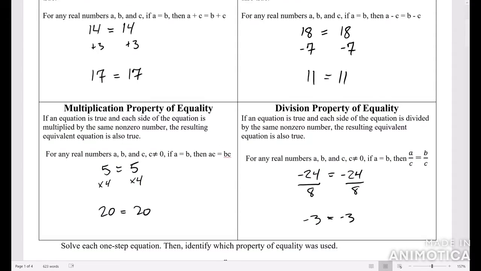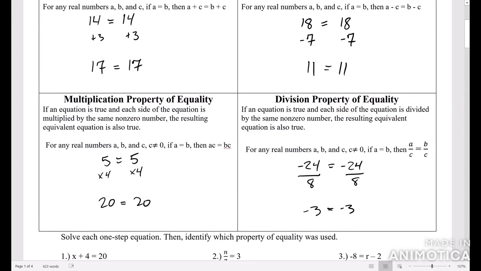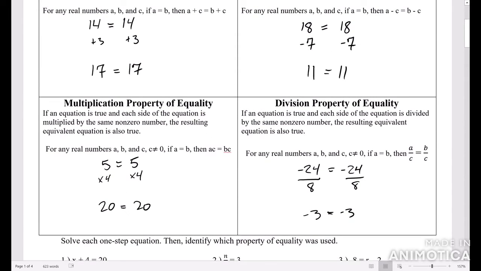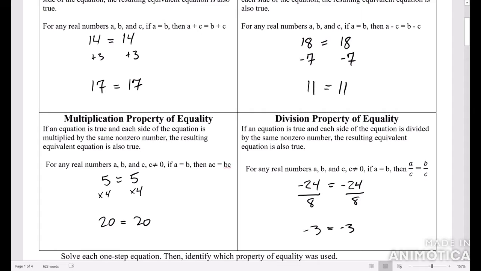Okay, now these may seem kind of silly and almost pointless to a degree, because you're probably just thinking to yourself, this is all kind of common sense. It makes sense that if I add the same number to the same thing, it's going to work. But let's say instead of 14 equals 14 in this first one, I had written it as 11 plus 3 equals 14.